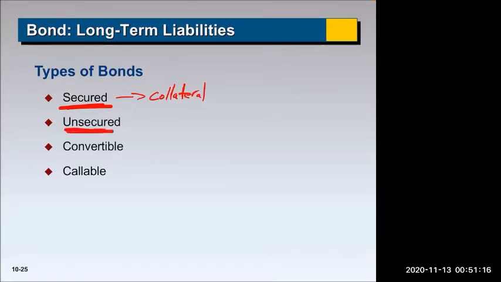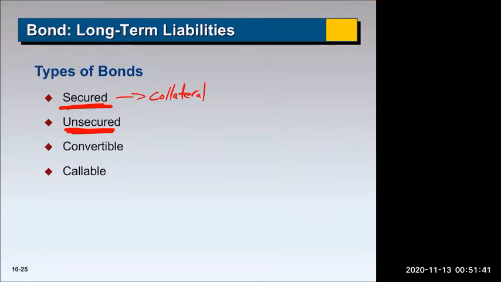I have some that are unsecured. Now, which do you think is going to pay a higher amount of interest? If I'm borrowing money and I have a secured asset behind it, is that as risky for you to invest or buy my bond, to lend me money? No, it's not. And so the bond would pay a lower amount of interest.